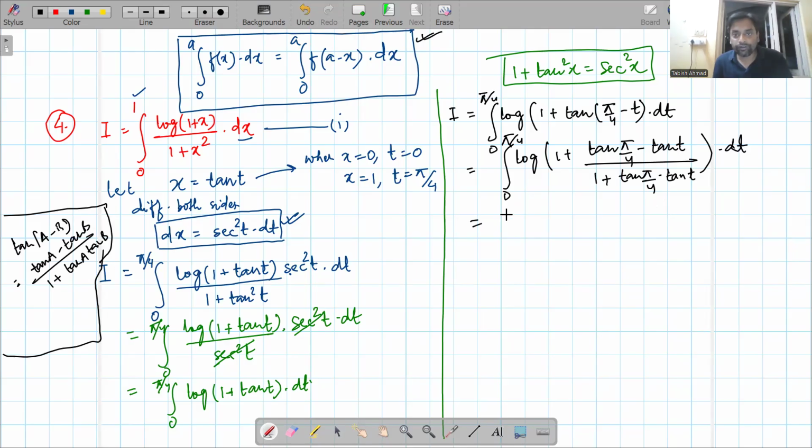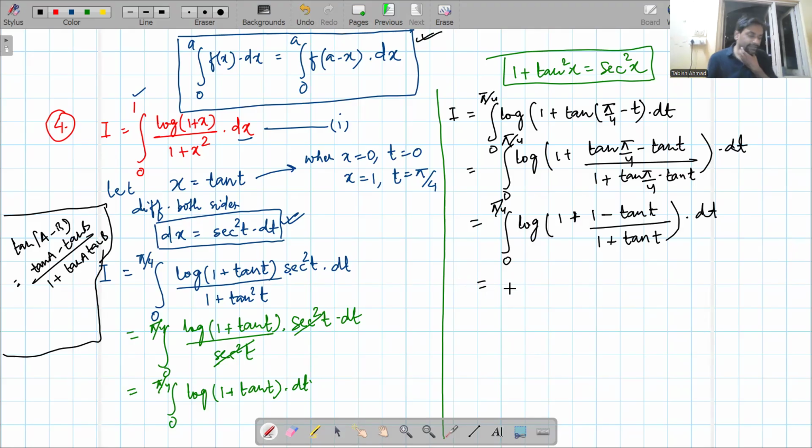Okay, so if you know this value, from 0 to pi by 4, that 1 plus tan pi by 4, that is tan 45 degrees, how much is that? That is 1. So it will be 1 minus tan t over 1 plus tan pi by 4, which is 1, so this is over tan t, dt.